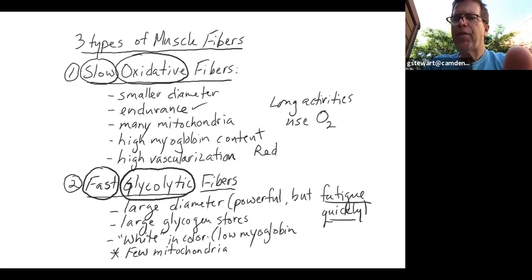Okay, and the third type of fiber, so I'm going to layer over the top of this. These are intermediate fibers. They're sort of a cross between number 1 and number 2. And so we call these fast oxidative fibers.